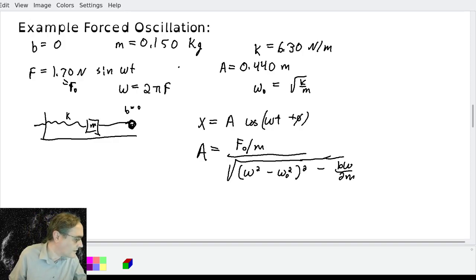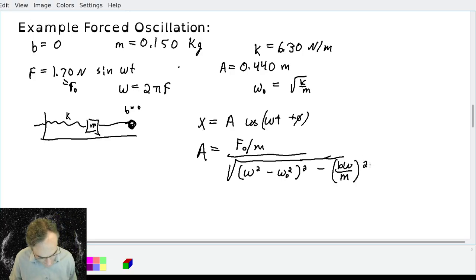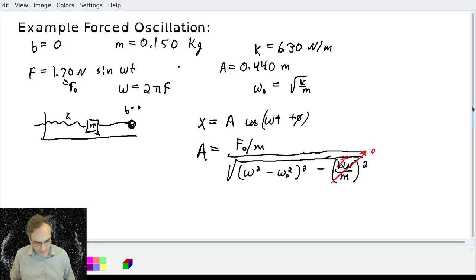I don't have that memorized, but it is on the formula sheet. And b, we know the damping is 0, meaning this whole term is 0. Yay!